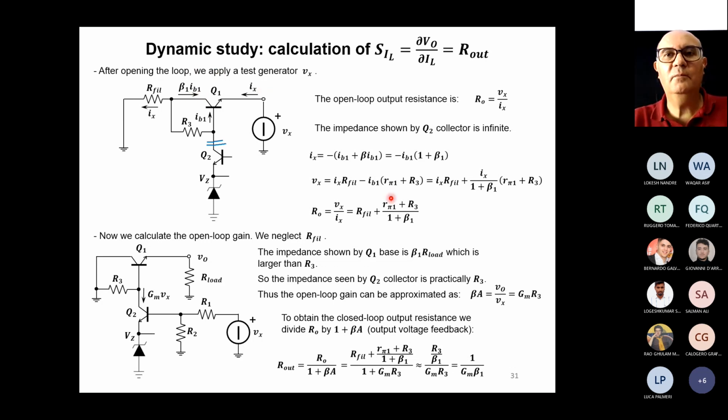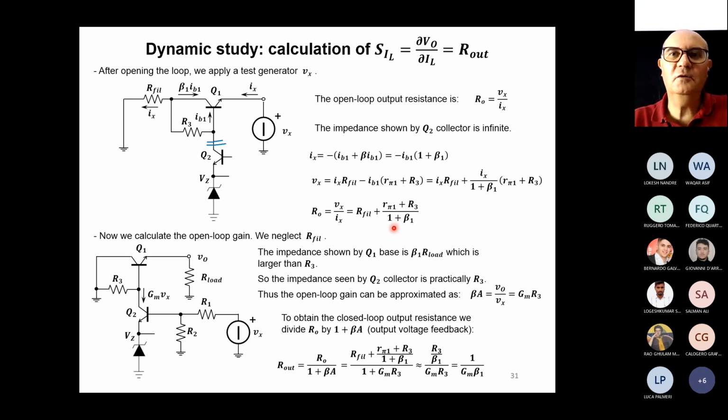This means that R pi will be small, in the order of tens of ohms. R3 should be high because we saw that we must increase R3 in order to get a good rejection to the input ripple. So this means that basically the only term that remains here is R3 divided by what? 1 plus beta 1.